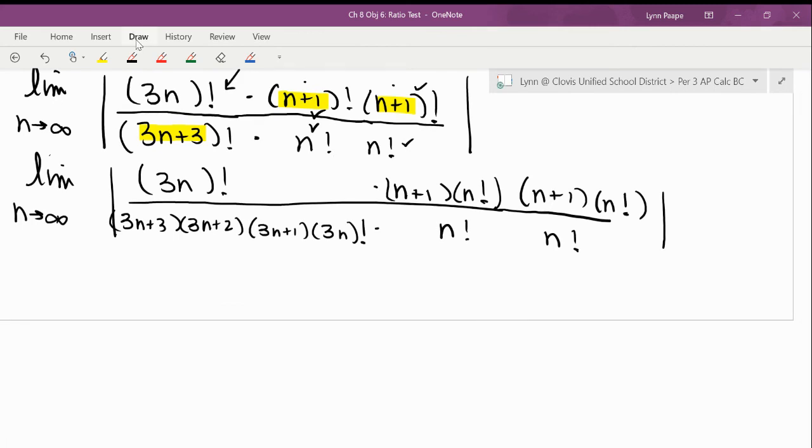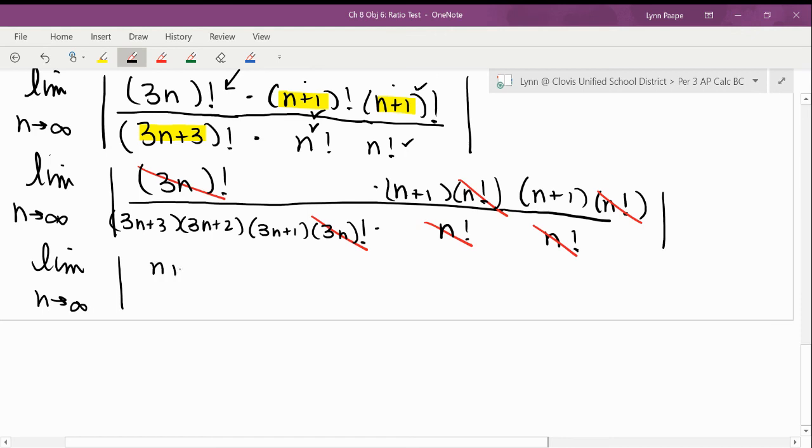Okay, so now when I go to reduce all of this, I can see that the 3n factorials cancel, the n factorials cancel. And so what am I left with? In the numerator, I have n plus 1 times itself, and then over 3n plus 3, 3n plus 2, and 3n plus 1.